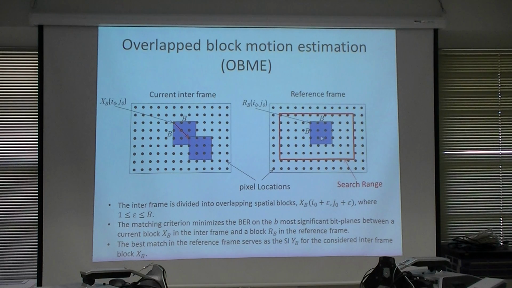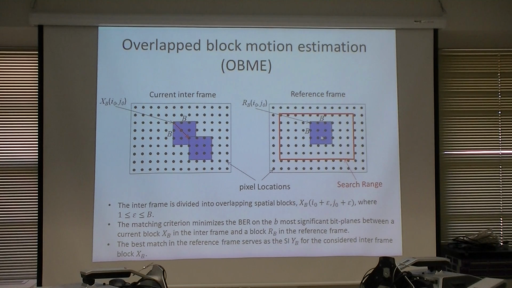Then we find the best match block in the reference frame. We will take this block as the side information of the block XB in the interframe. I only talked about this: if you choose one block in the interframe, you can find a match block in the reference frame.